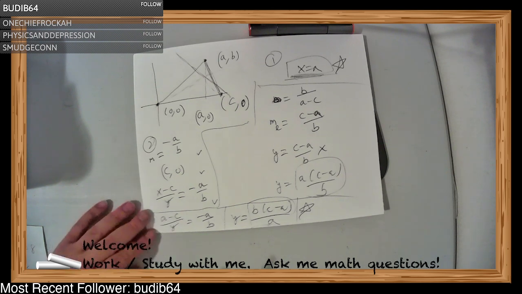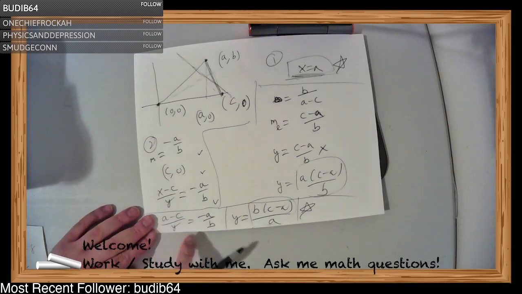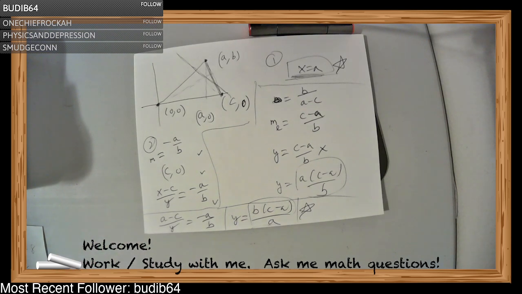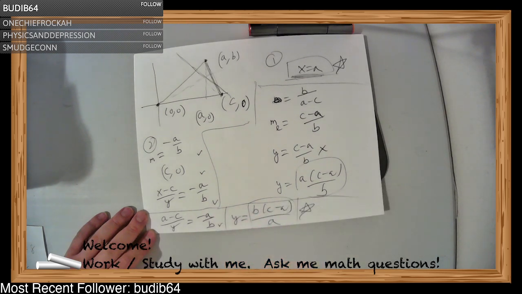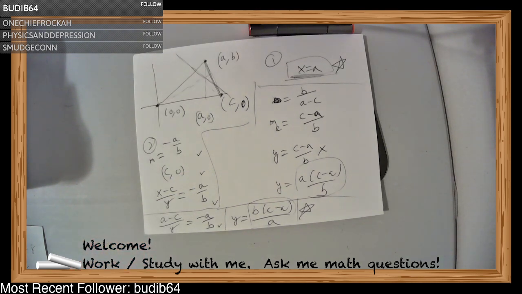Okay, a minus c over y, negative a over b. x is a, so yeah, that should check too. What am I doing wrong?